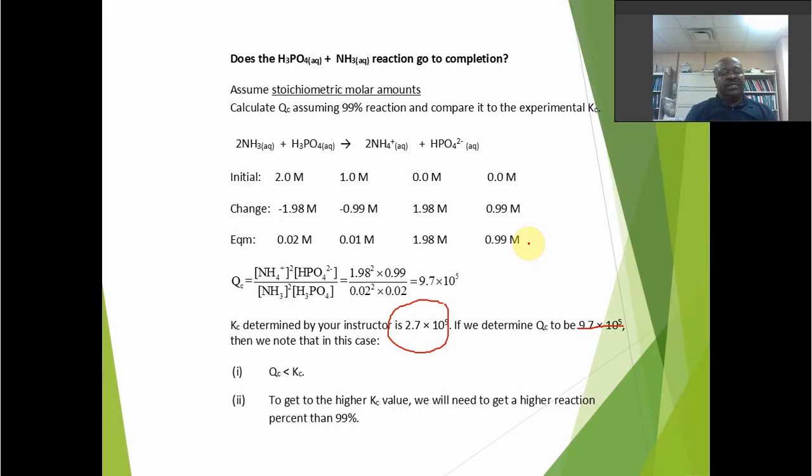So if Qc is less than Kc, the reaction is more than 99% complete. Inverse of that, if Kc is less than Qc, then we can say the reaction doesn't go 99%. It's some number less than that.